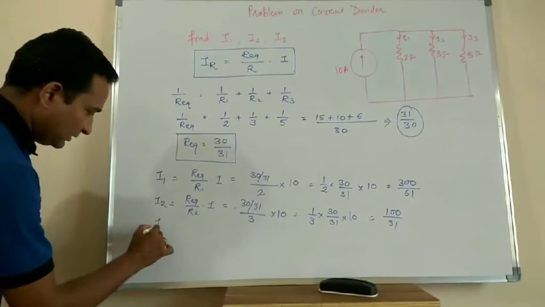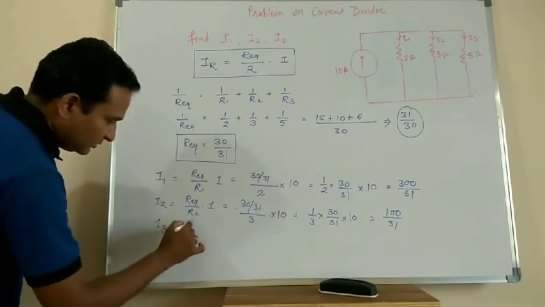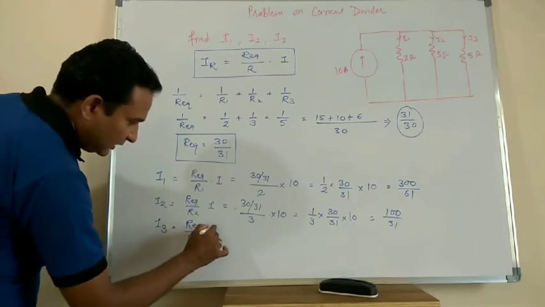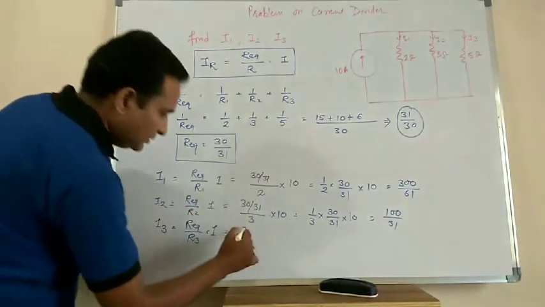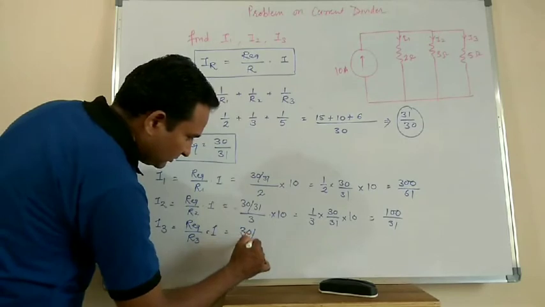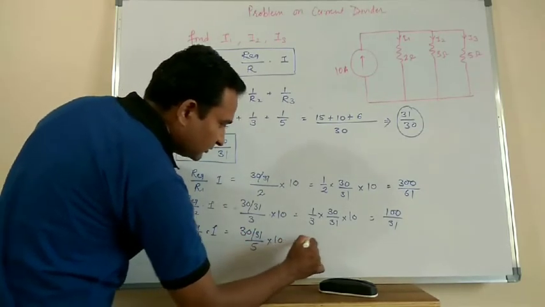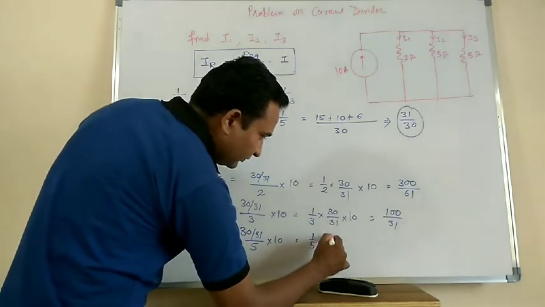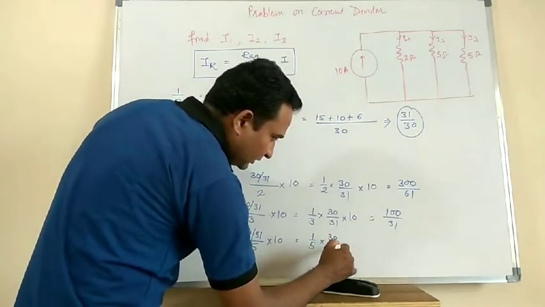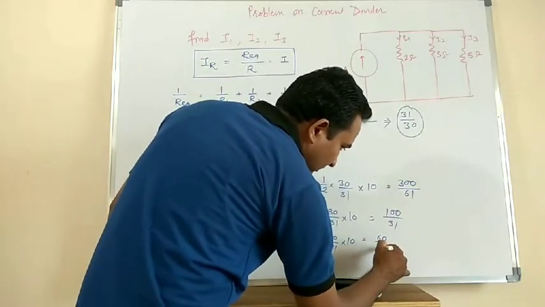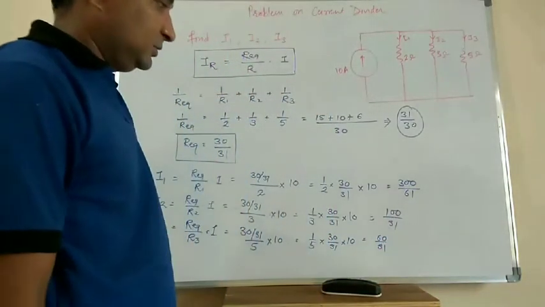And I3 is equal to R equivalent divided by R3 into I, which is 30 by 31 divided by 5 into 10, which is 1 by 5 into 30 by 31 into 10, that is 60 by 31.